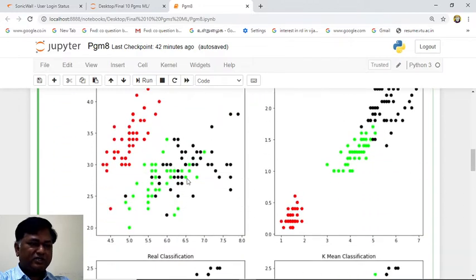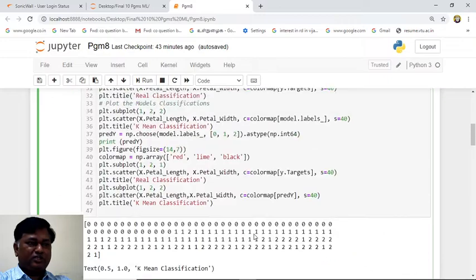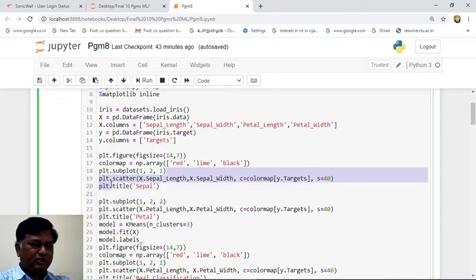You can see, based on sepal we have three clusters: Setosa, versicolor and virginica. Here based on petals we have a graph like this. So three clusters you can see. These are the two graphs we are drawing.